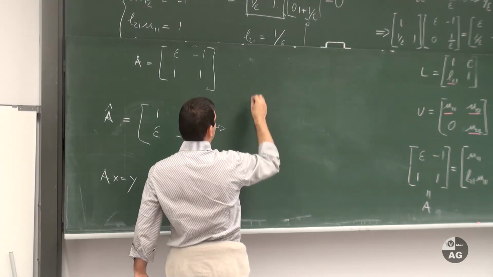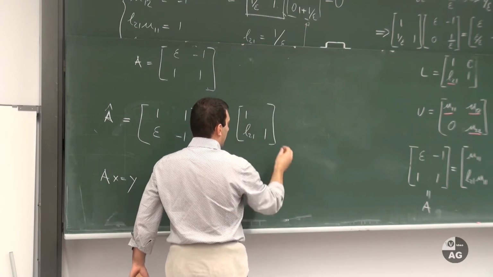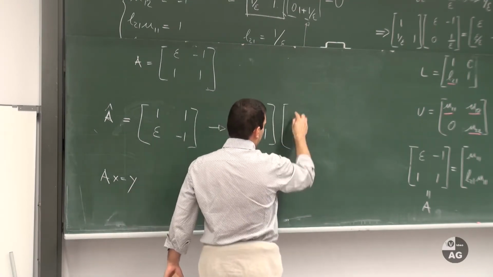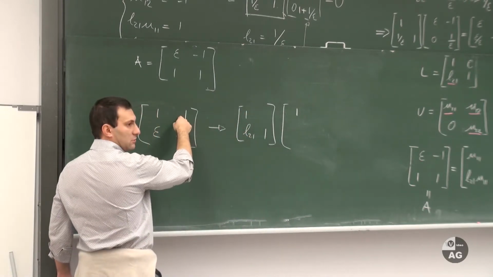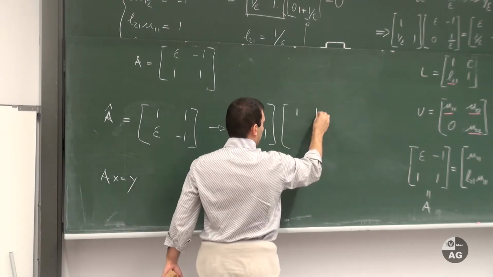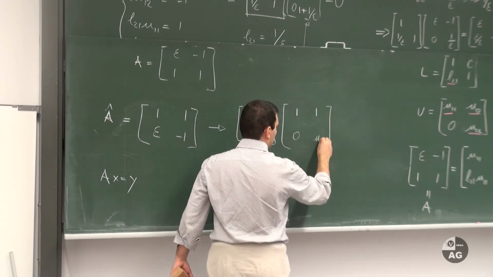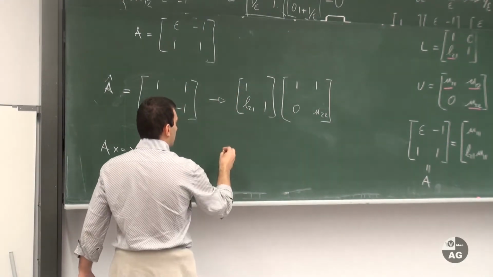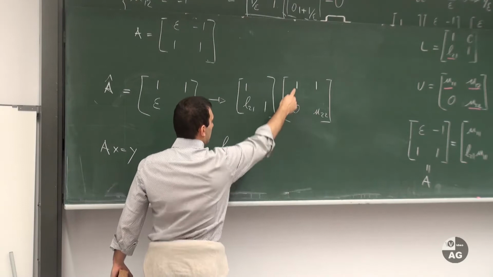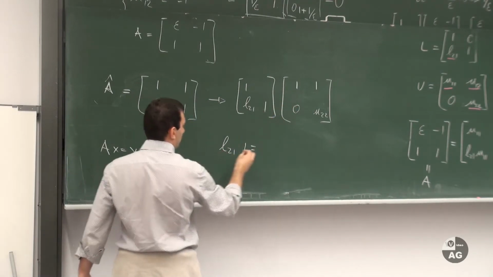The structure is the same. We have 1, 1, L21, 1. We know already that U11 is what sits here. We already know that U12 is what sits here. So now we have to compute this 0 and U22. We know that L21 times 1 equals epsilon.